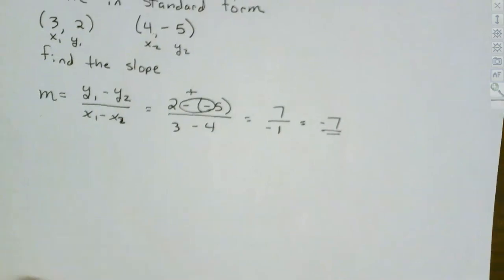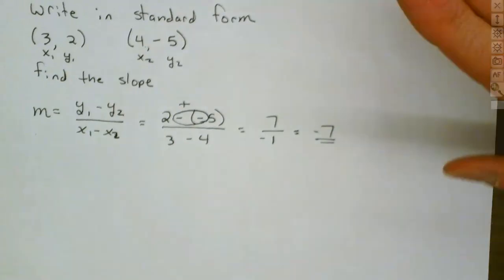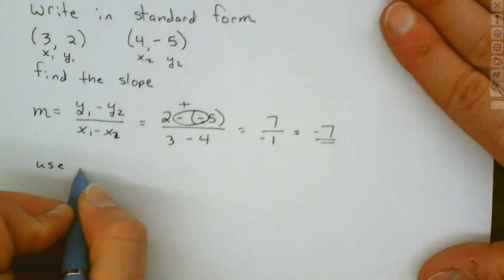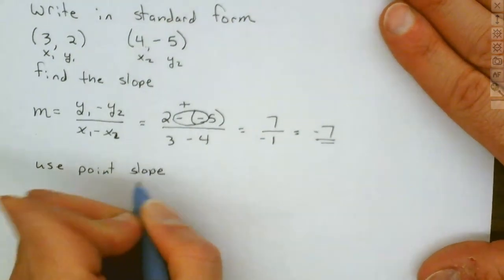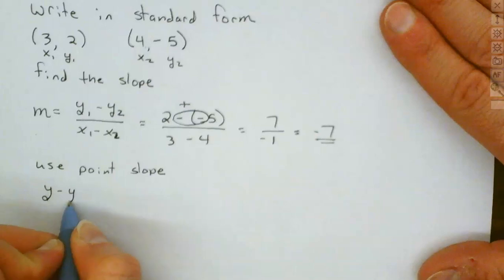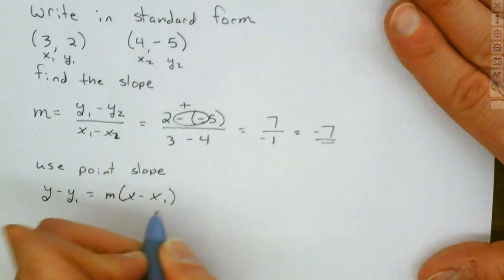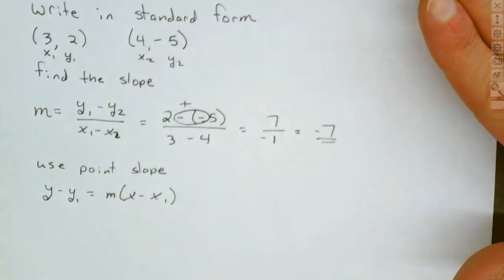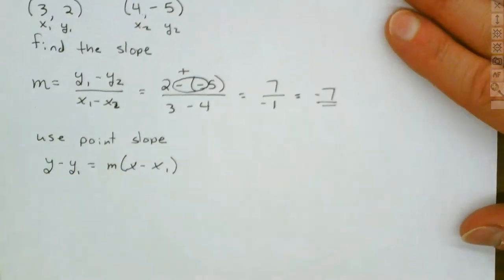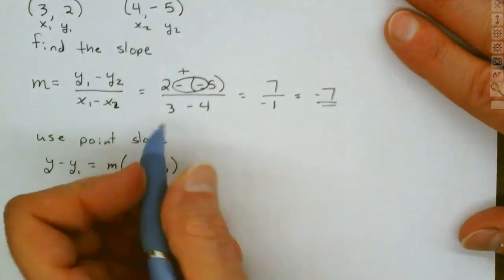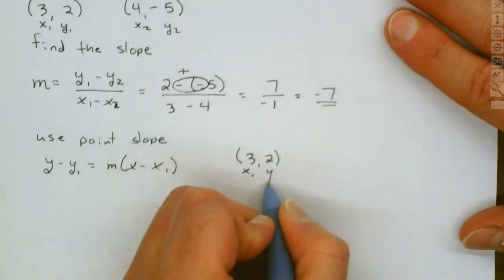We want to find this one in what's called standard form. So now we move on, and now we're going to use point slope. And that is y minus y1 equals m times x minus x1. We'll fill it in. So we're going to use that point 3, 2. So that's our x1 and our y1.